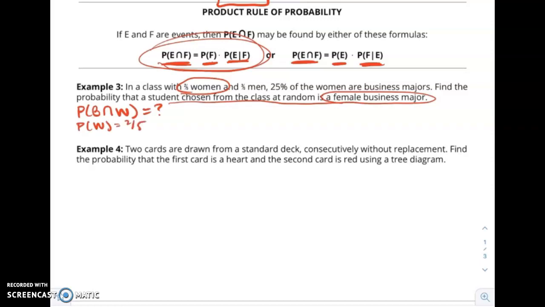Then here they say 25% of the women are business majors, meaning given that you're looking at a woman, 25% of those women are business majors. So they are saying to you the probability that it's a business major, given that it's a woman. So that would be that.